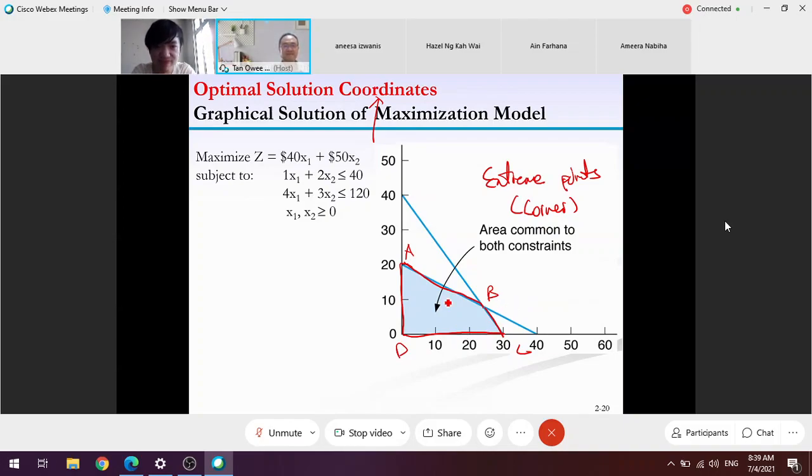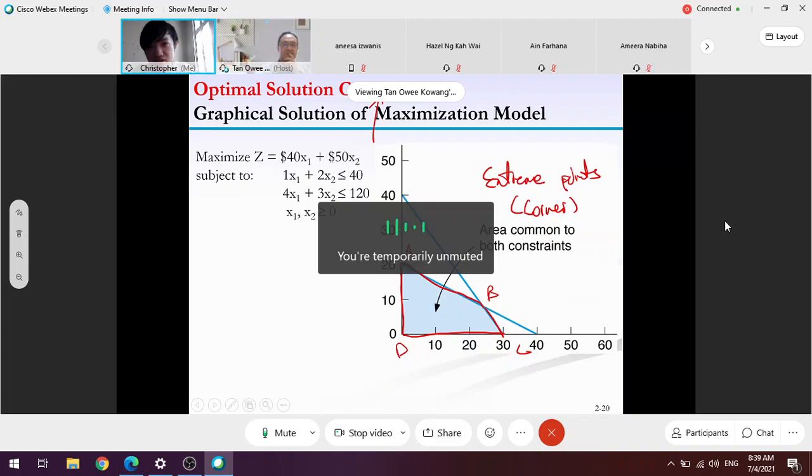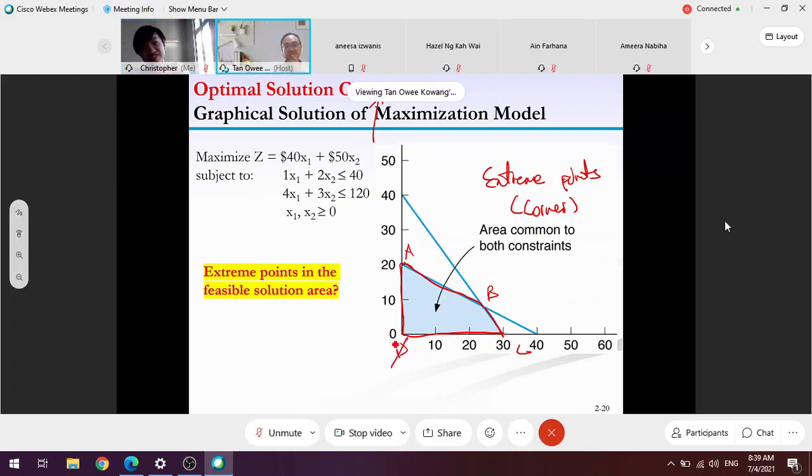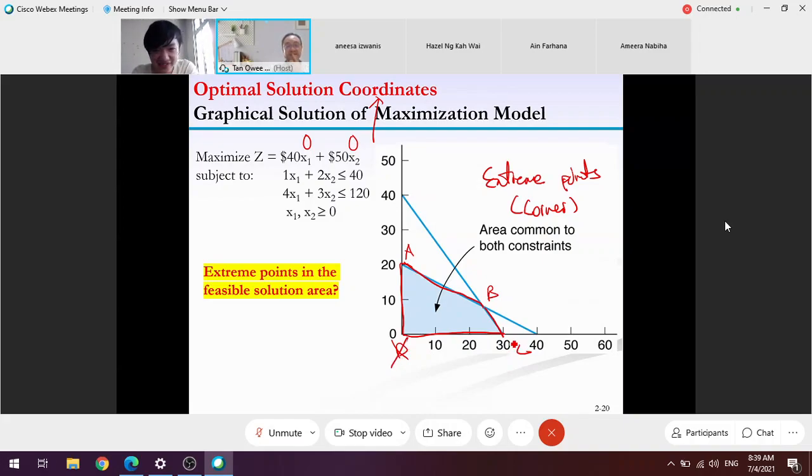You're right that there are 4 corners, but is there any corner that definitely is not the solution? D cannot be the solution. D is 0, 0, which means no business. You produce 0 ball, 0 mark. So you can ignore D, and you only have 3 points that possibly are the optimum solution.